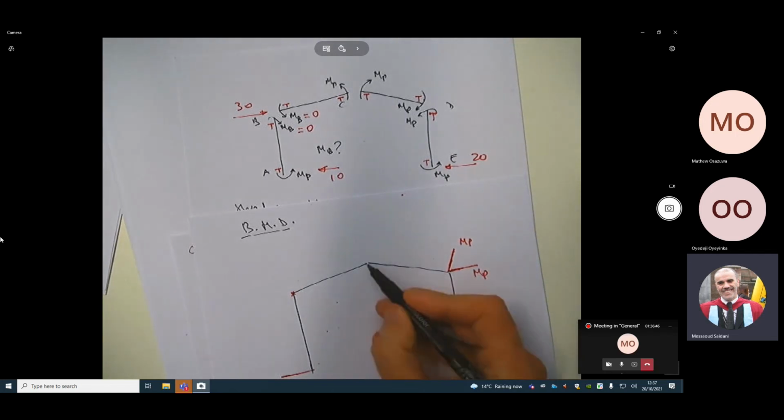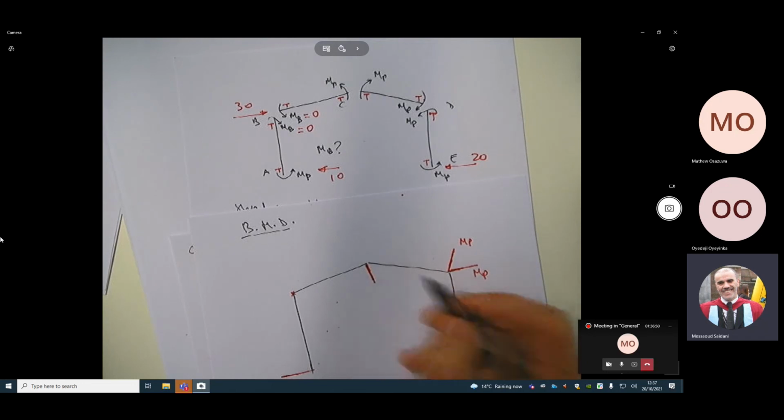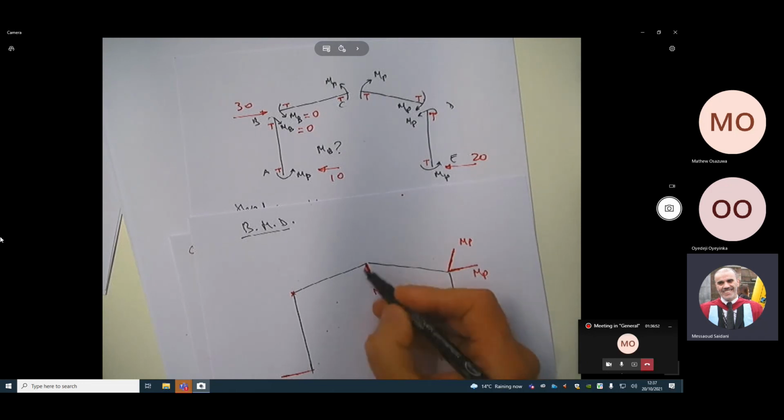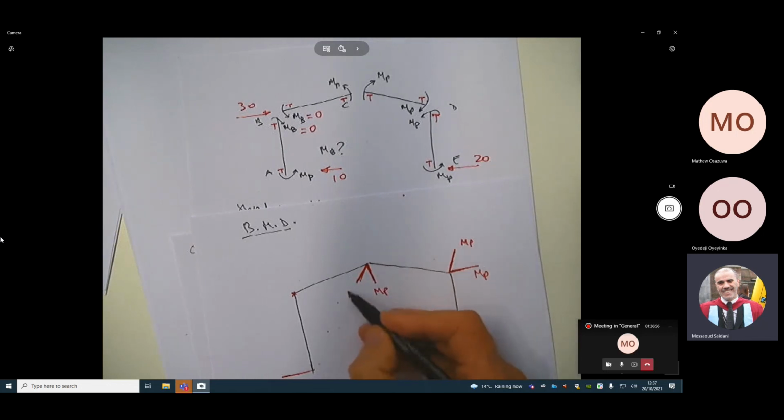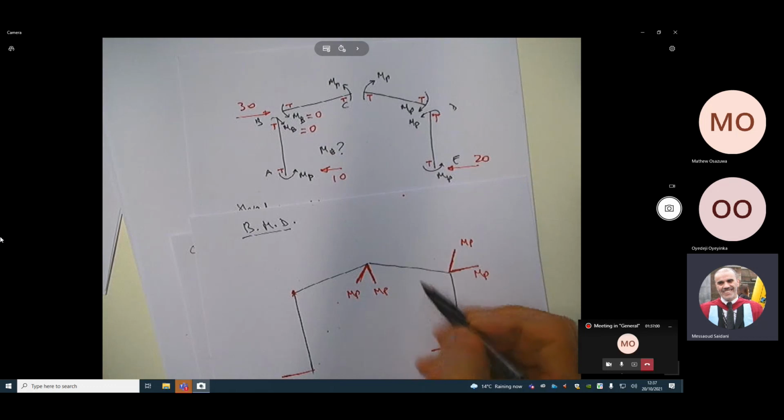Then we have MP at the bottom, perpendicular, and we have MP again, and we have 0 there. Now I'm going to join them.